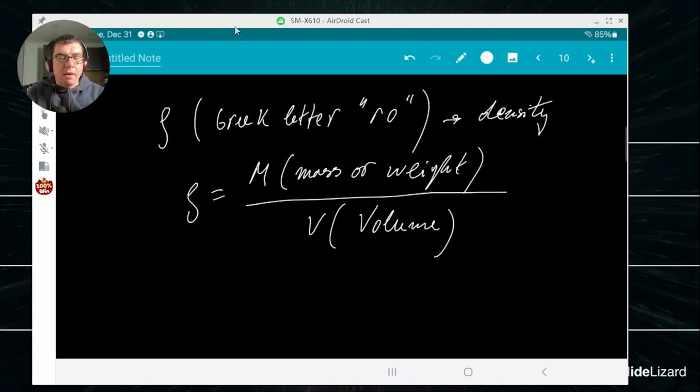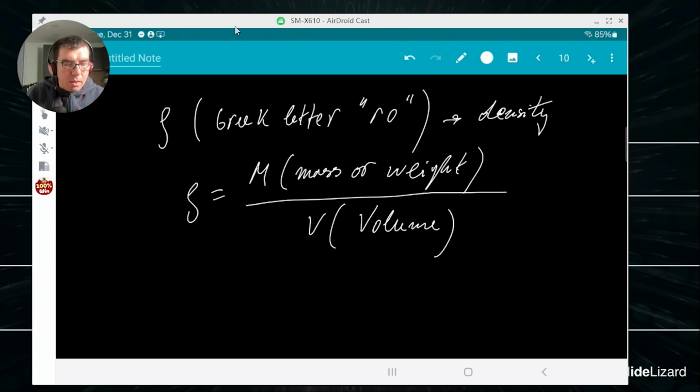But if I have a bowling ball, it may have the same volume as the balloon, but it's much, much heavier. There is a lot of substance packed into the ball, which makes it heavy. So we say that the bowling ball has much bigger density than the balloon, because for the same volume, one has little substance going in it, and the other has a lot.